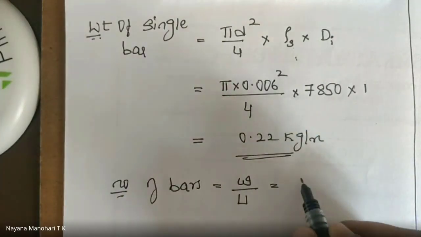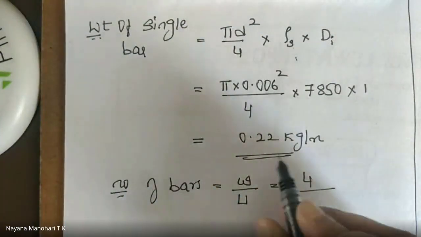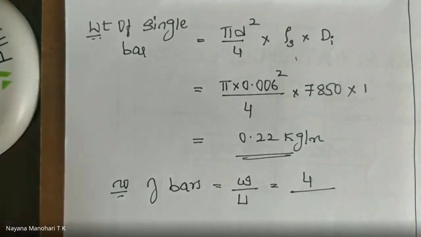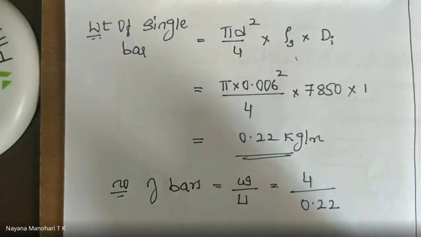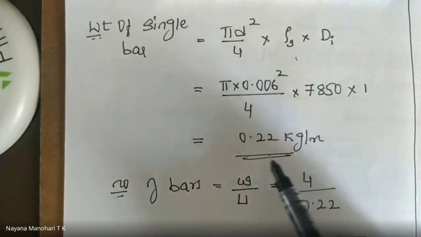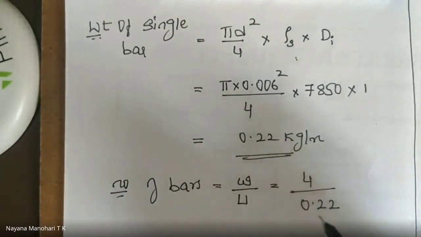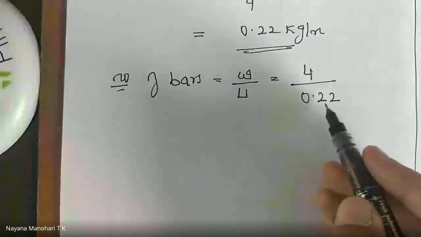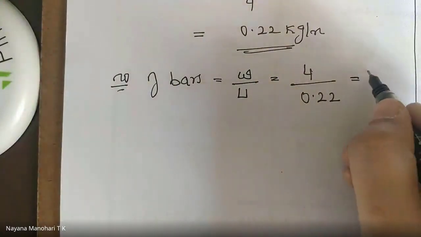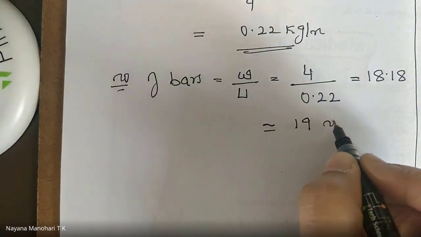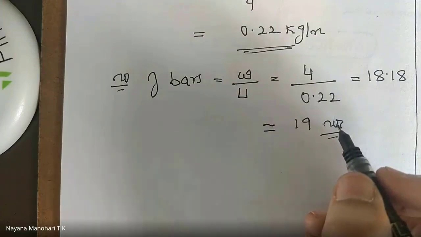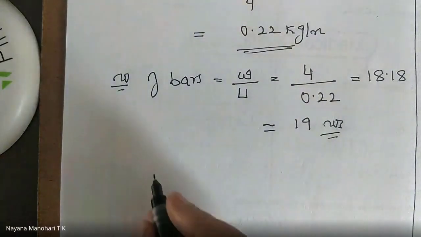Total amount of reinforcement needed as the main bars is 4 kg, and the weight of each 6 mm bar is 0.22 kg per meter. That is 4 divided by 0.22. Then you will get 18.18. Round it off to 19 numbers. Next, you need to calculate the spacing.